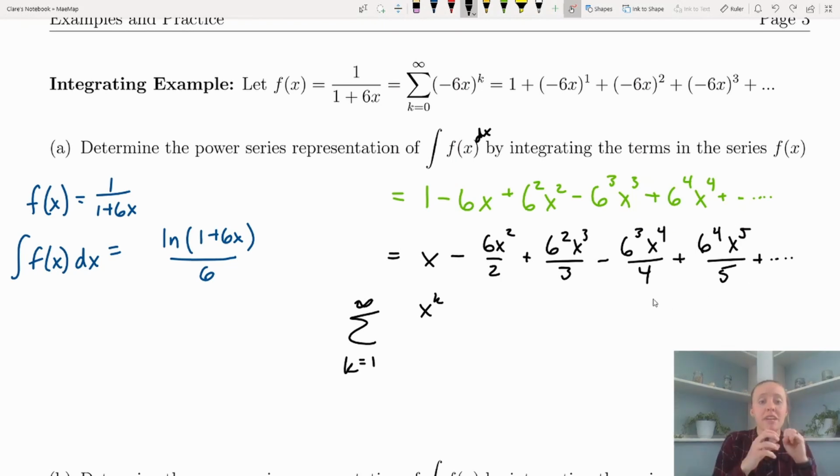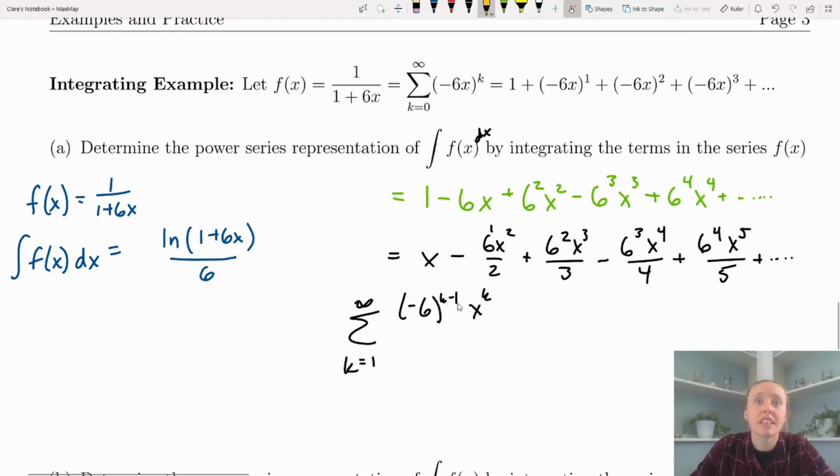So I need some negative to a power to get that oscillation. And that's going to be a negative 6. So I'm going to take my negative 6 and I'm going to raise it to some power. I want that to be negative 6 to the 0 when k equals 1. So I'm going to do negative 6 to the k minus 1. So we have negative 6 to the k minus 1 times x to the k.